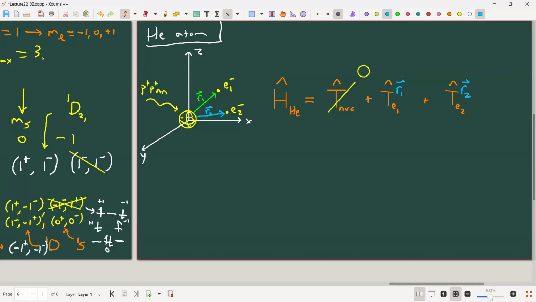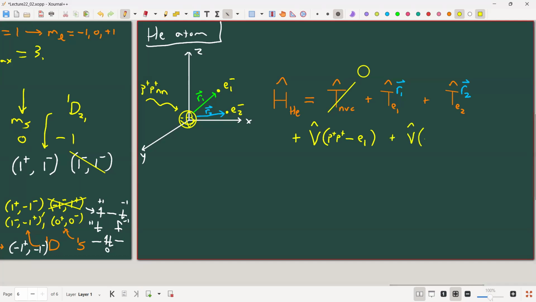We also have potential energies. What are our potentials? Well, we have the electrostatic potential between the nucleus, which is PP, and electron 1. So we have that electrostatic attraction between them.